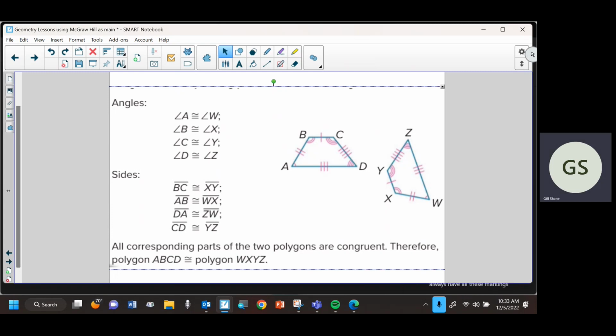They may just tell you this, and it may be triangles, it could be other figures. Normally triangles is what we'll deal with. You need to understand that if they don't have all those markings, but they tell you that the two figures are congruent, then you need to be able to match up which angles are congruent to each other based on the order of the letters, or which sides are congruent to each other based on the order of the letters.